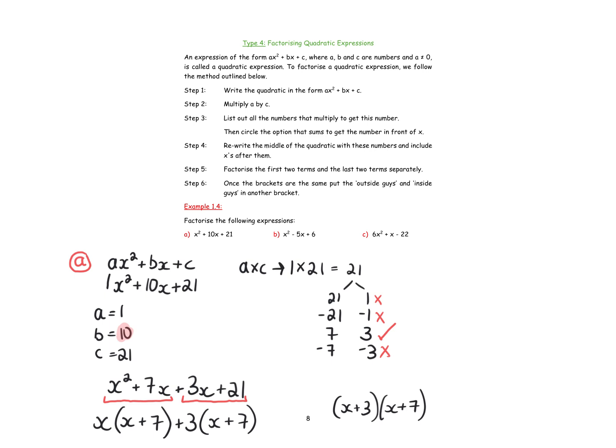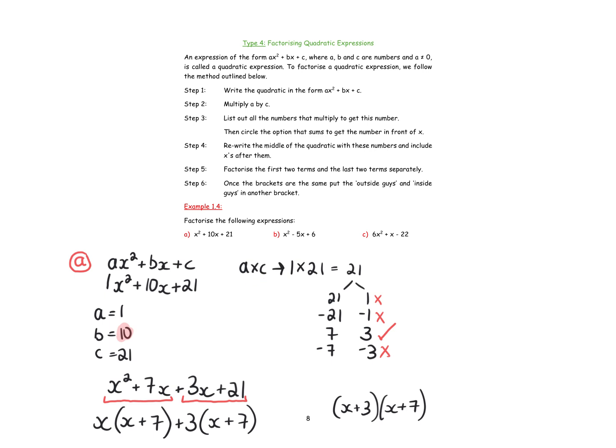To recap the steps involved in factorising a quadratic expression, the first thing we have to do is make sure that the quadratic is written in the form ax squared plus bx plus c. Then I label a, b and c. A here is 1, b is 10, it's the number in front of x, and c is the constant, which is 21.